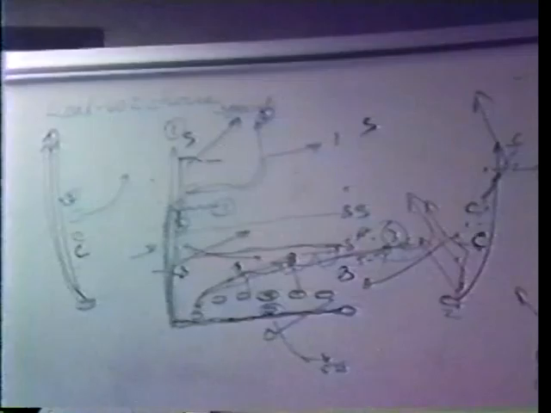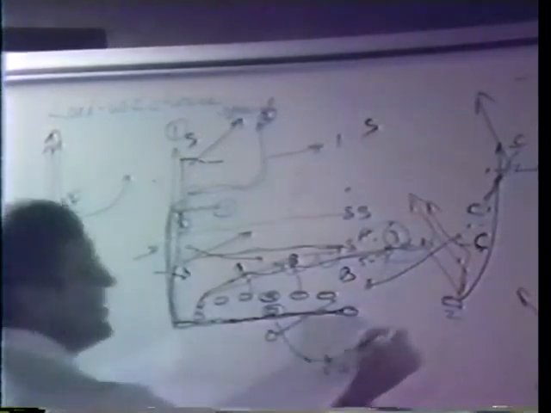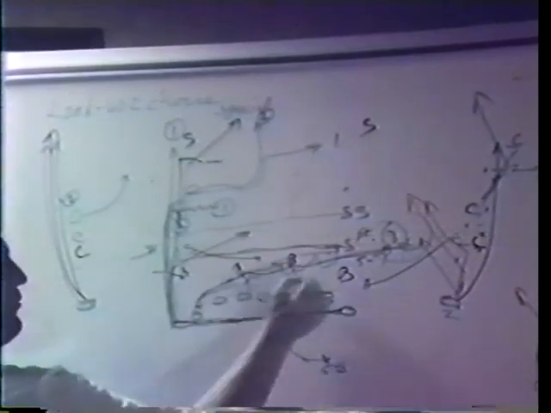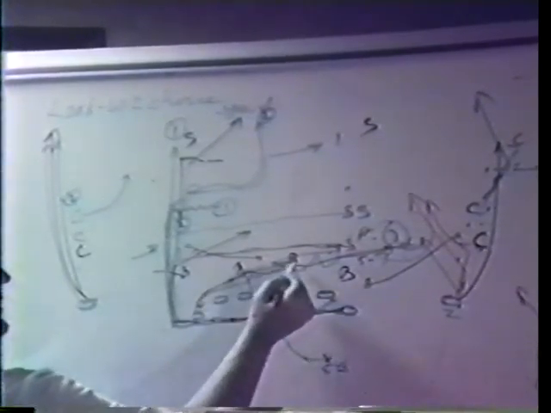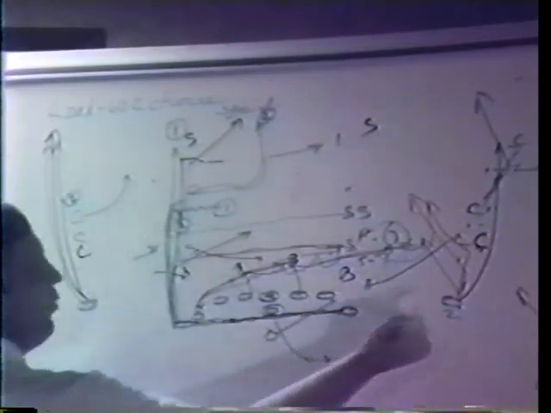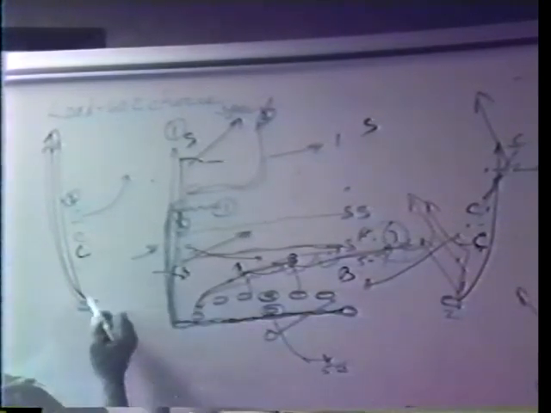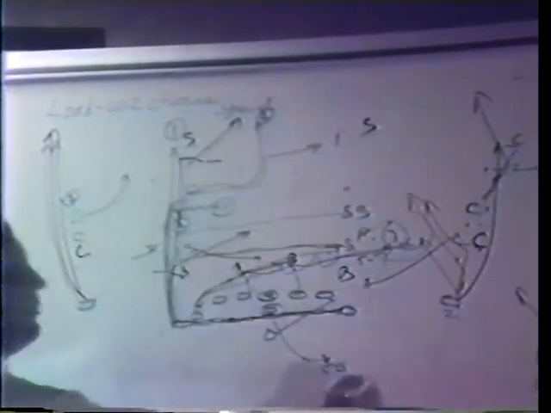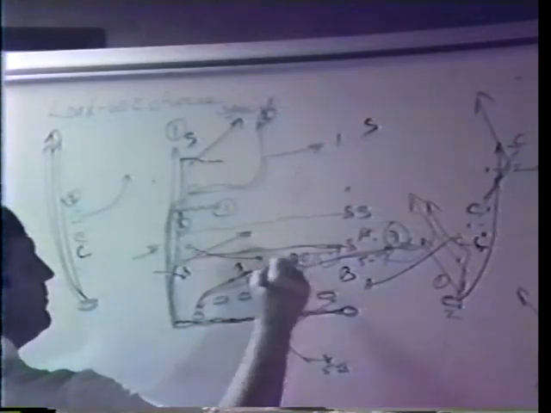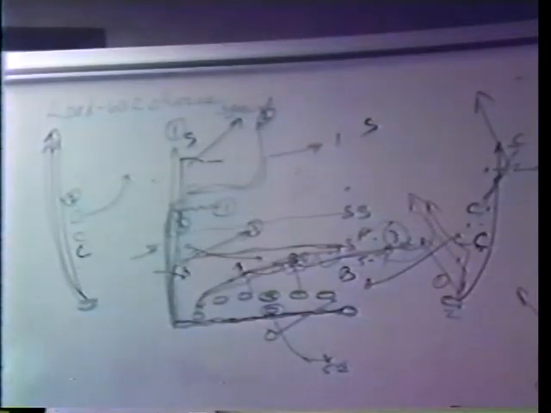But even if this guy misreads it and runs a full 7-step stem, both these guys are also excellent hot people. So now instead of 1, 2, 3, 4, we go 1, 2, 3, and that's all.